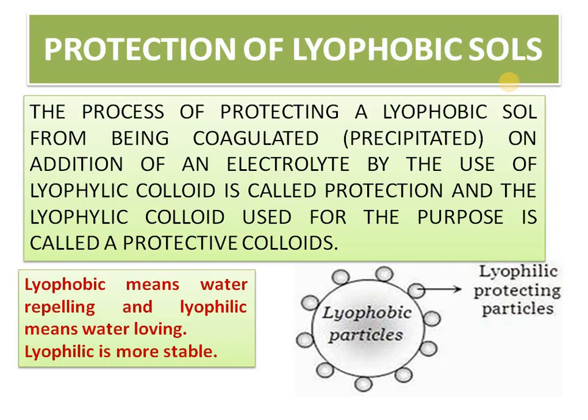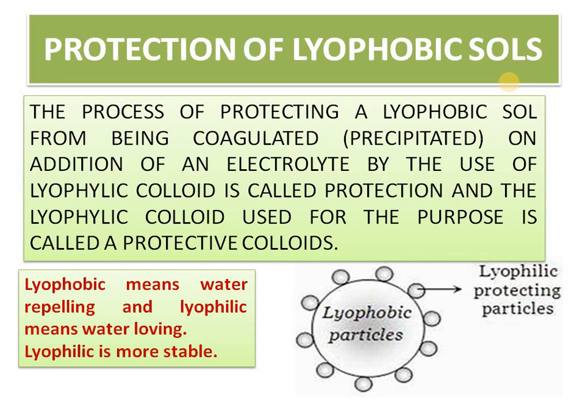Now, protection of lyophobic sols. I was discussing this in the previous slide also. It is the process of protecting a lyophobic sol. Lyophobic is weak, so we need to save it from being coagulated or precipitated on addition of an electrolyte. Using lyophilic colloids for this is called protection, which means the colloids can be protected by coating with a lyophilic sol, which is more stable than a lyophobic sol.